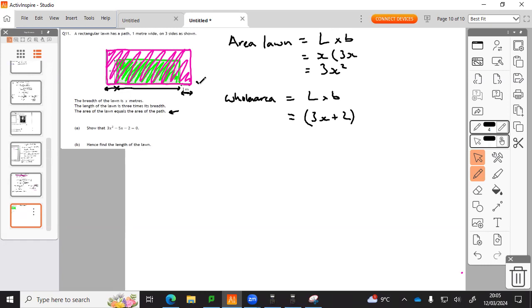Then your breadth is, well, you've got the breadth of the lawn being x, so you've got that bit being x plus 1.